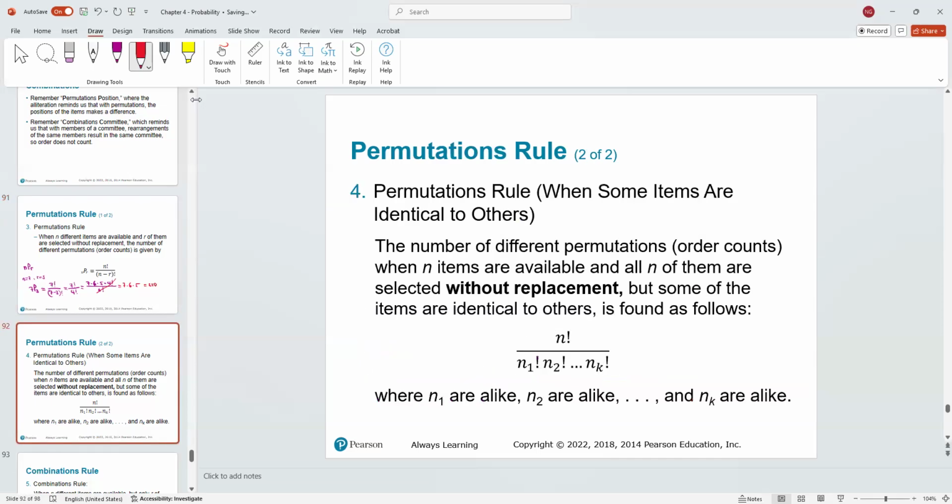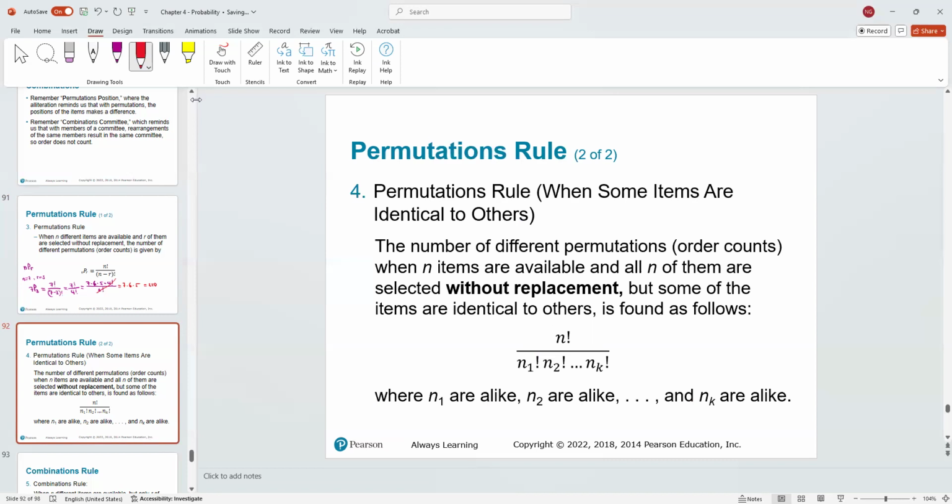So permutation rules, when some items are identical to others, we call it distinguishable. The number of different permutation orders counts when n items are available and all n of them are selected without replacement. Remember, without replacement, we know that would be permutation.